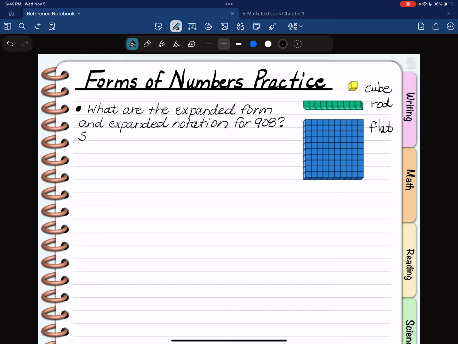So the first form we have is standard, and that is 908. So let's go ahead and get word form, the one I hate because I have to write words. But it's important because most math tests are word problems.